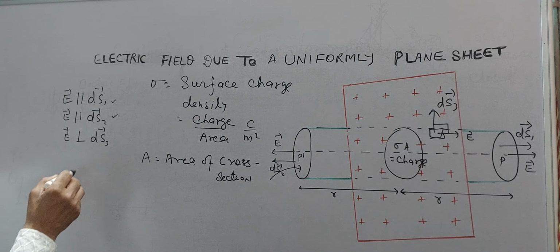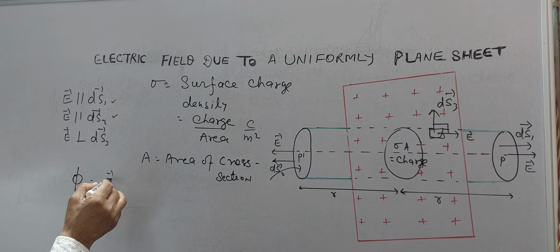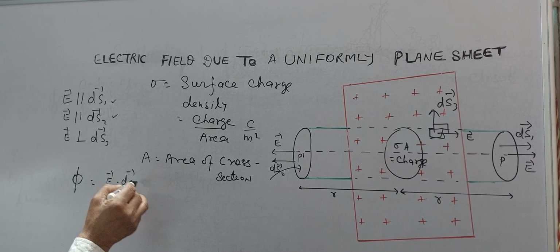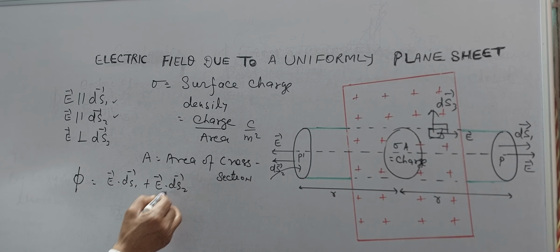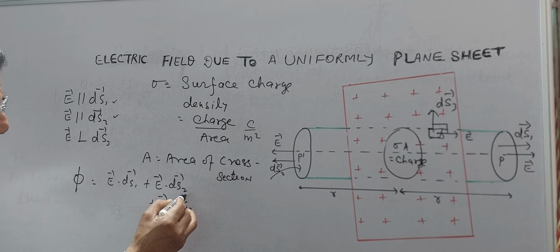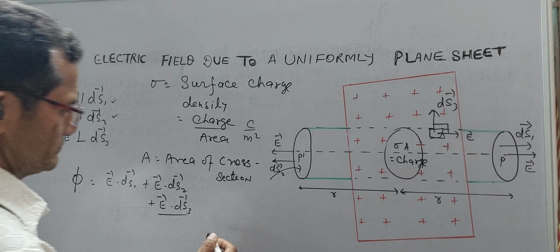Now therefore the total electric flux will be E times ds1 plus E times ds2 plus E times ds3. There is no flux due to ds3, the curved surface. Only these two contribute.